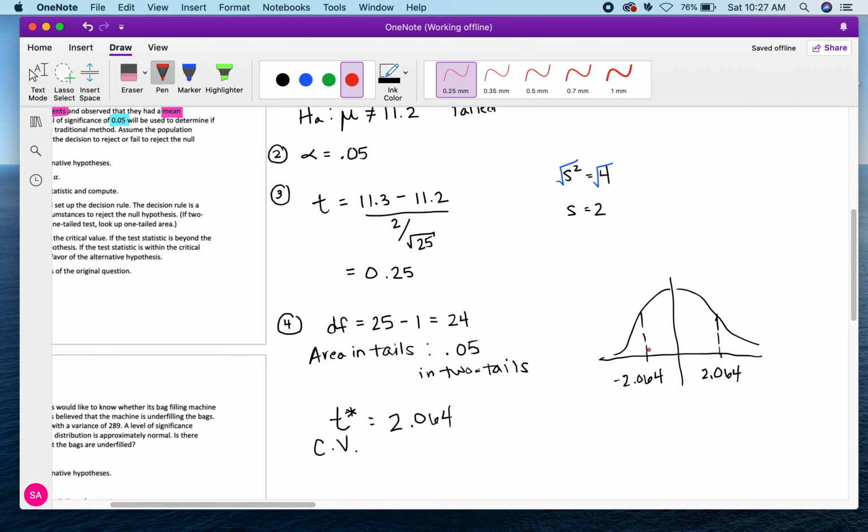And remember, once we calculate our T statistic, and we already did calculate it, if it lands in this red area, these are our rejection regions. This is when we reject the null hypothesis. If it lands in the middle here, we fail to reject. So just the same exact idea from hypothesis testing last week with the Z.